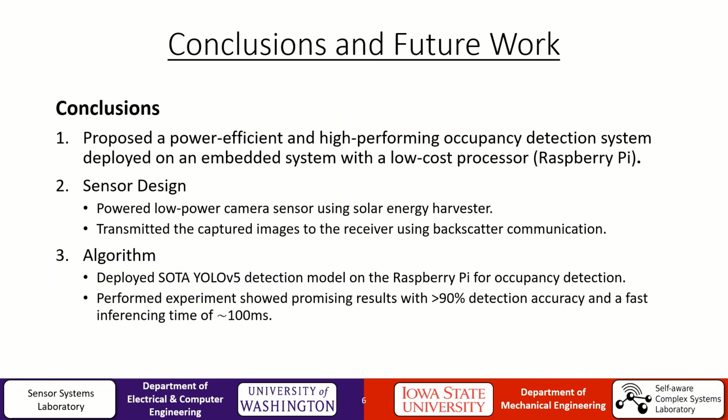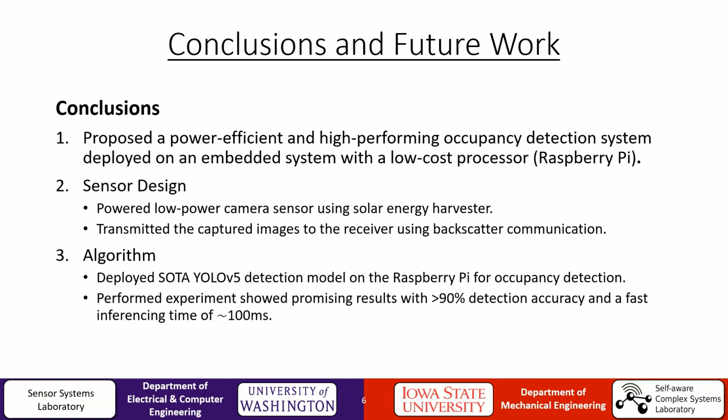In conclusion, in this paper, we propose a power-efficient and high-performing occupancy detection system. In the system design, we use a solar energy harvester to power the low-power camera sensor, and we transmit the images using backscatter communication technology.